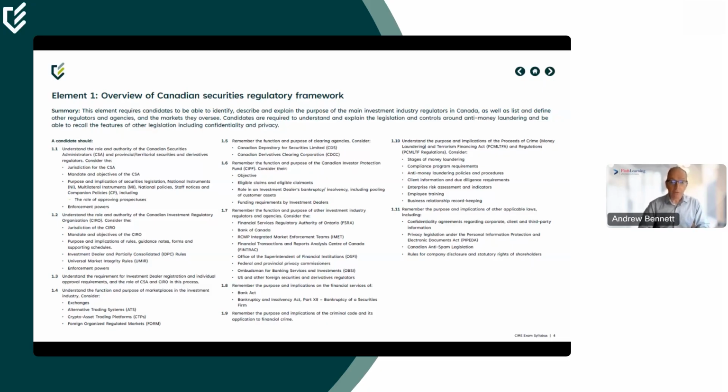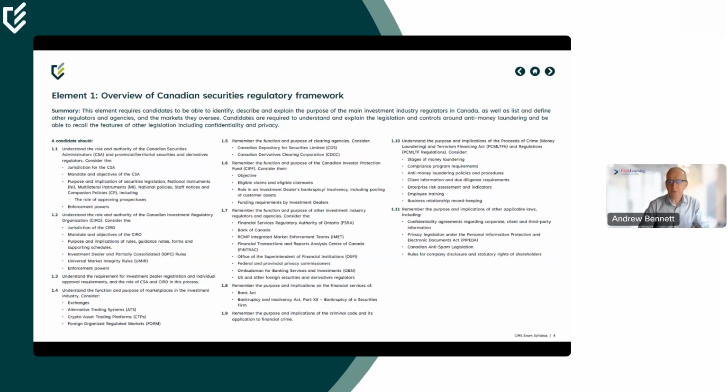Let's jump to 1.5. So 1.5, remember the functions and purpose of clearing agencies. Again, we've got the word consider. So there's only 2 clearing agencies that are going to be tested in this particular exam. Again, we look at the taxonomy. Taxonomy is remember. So here we're going to have questions that say define or select relevant facts or state a fact.